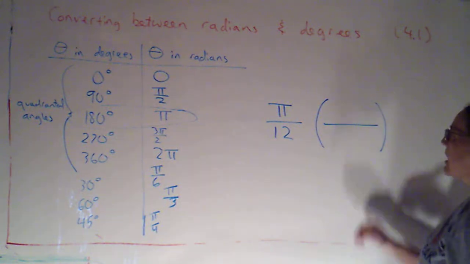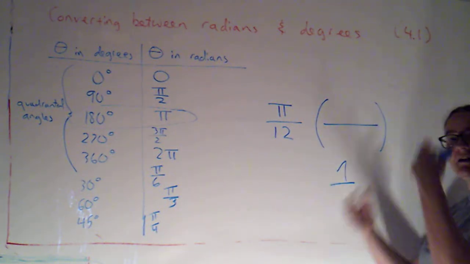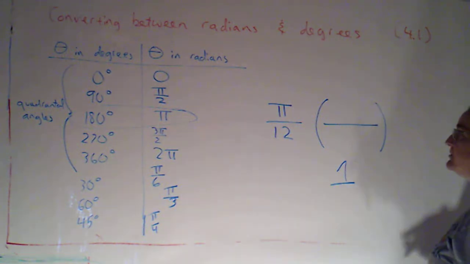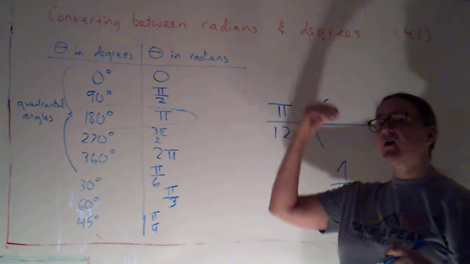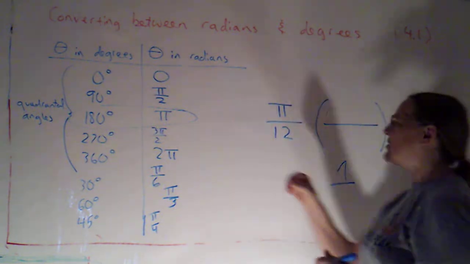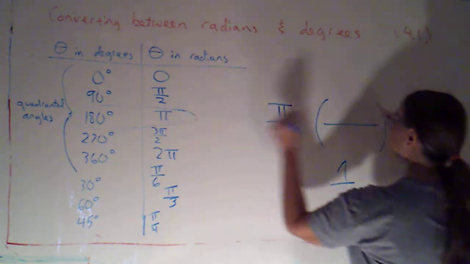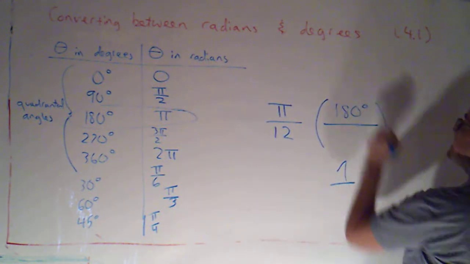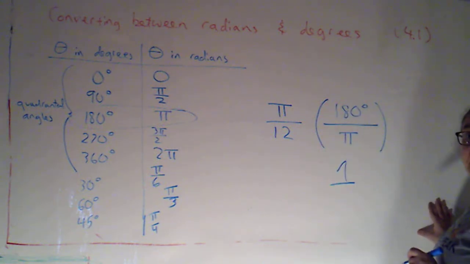So now I'm going to multiply by 1, but it's going to be a funny looking form of 1 because the top and bottom are going to be in different units. This time I'm not trying to get rid of degrees, I'm trying to introduce degrees. So I want the degrees to be on top. So I'm still going to work with this pair, but I'm going to put 180 degrees on top and pi radians on bottom.